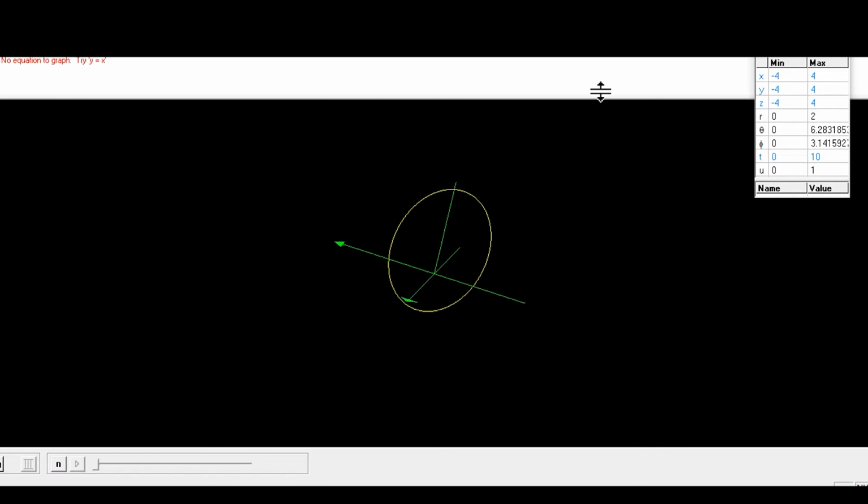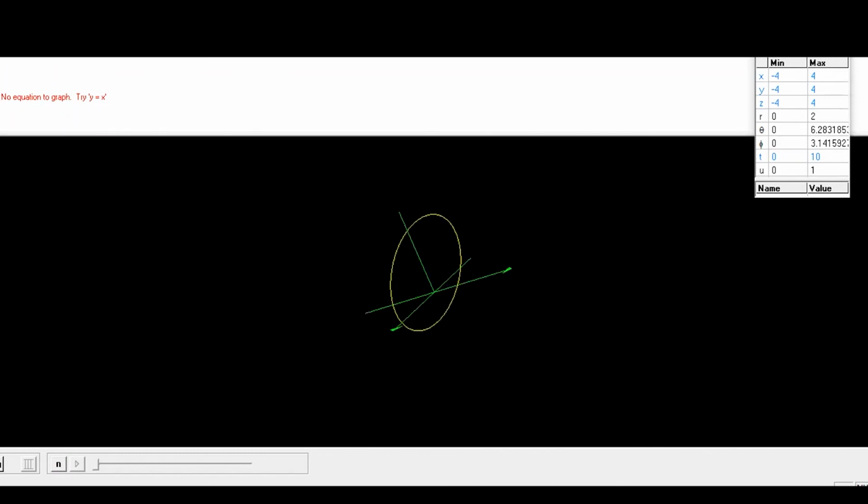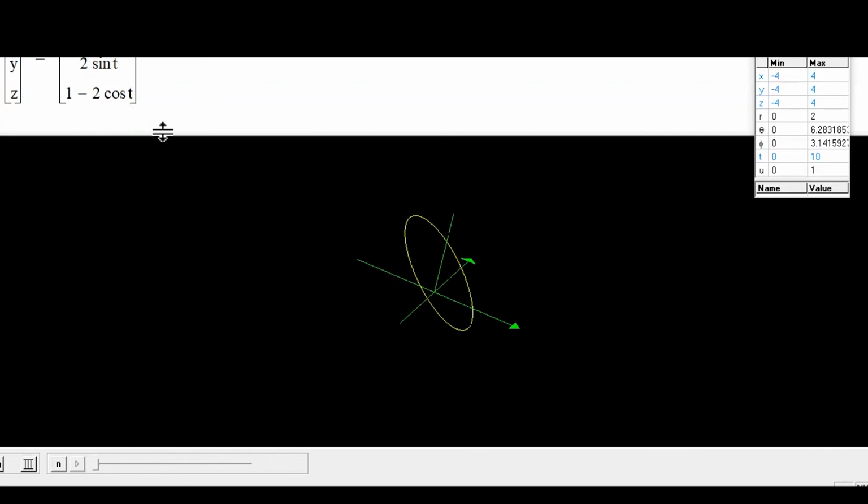Now, then I have a question. My question is this. What happens here if I put number 2 in front of this t? Predict. Let's see if you can feel these vector functions. Okay, fine. Ready? Whoa.